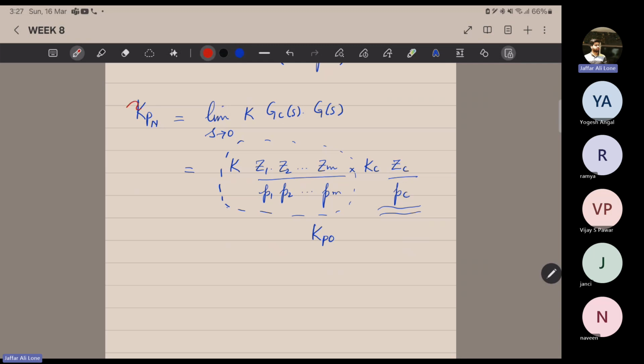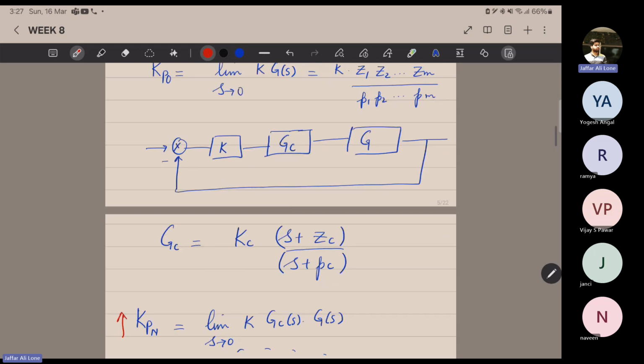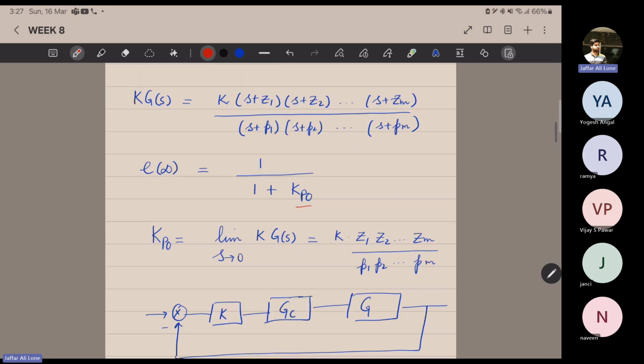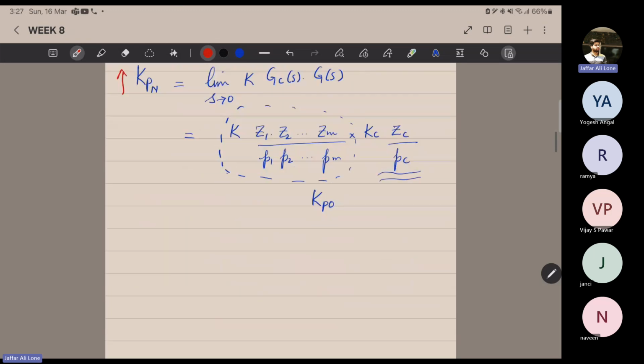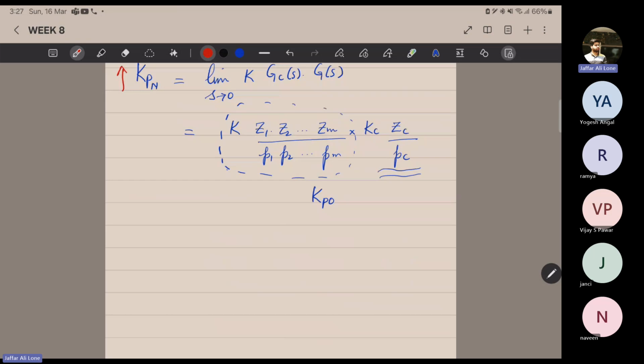So if you see here, the goal is to increase this Kpn. Why? Because if Kpn is increased, or this Kp is increased, then our steady state error will decrease. And we know that we design these lag compensators to improve the steady state response. So how should we increase this Kpn? By increasing this ratio, Zc over Pc.